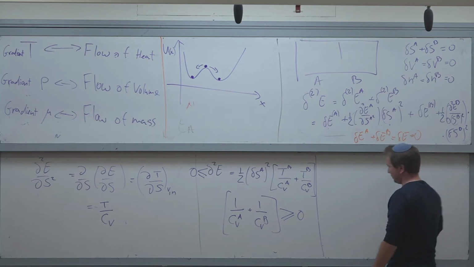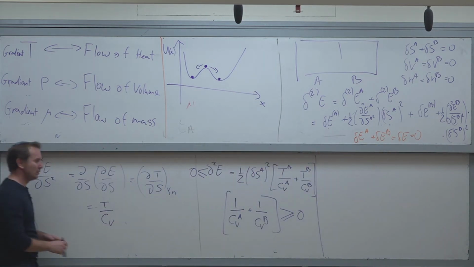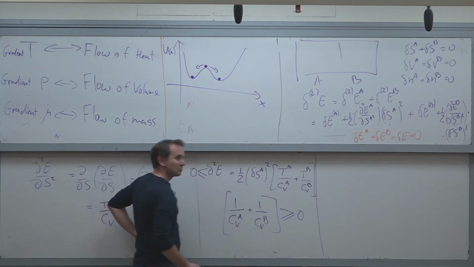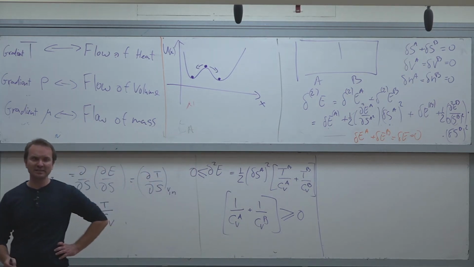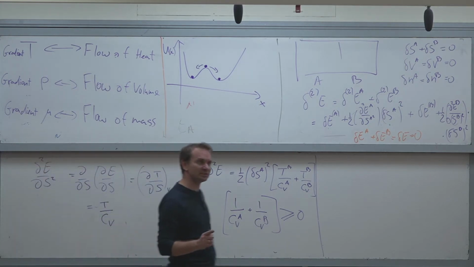Okay. Where I'm going, I want to state something about the heat capacity. I want to state that the heat capacity of any system has to be positive. This is my stability criteria.